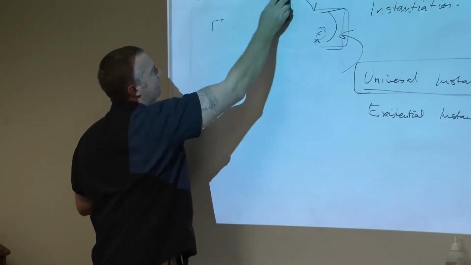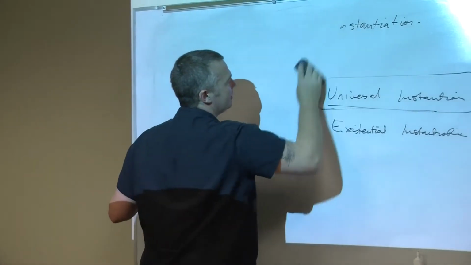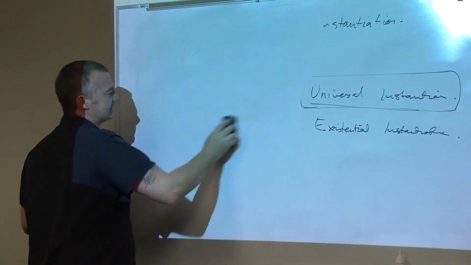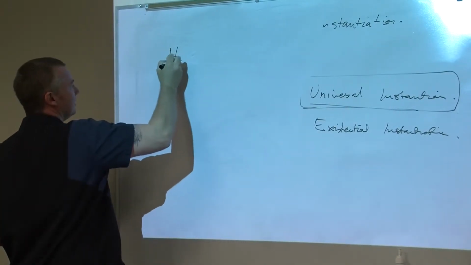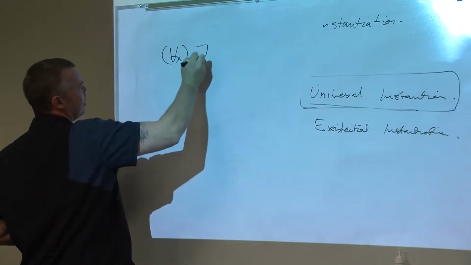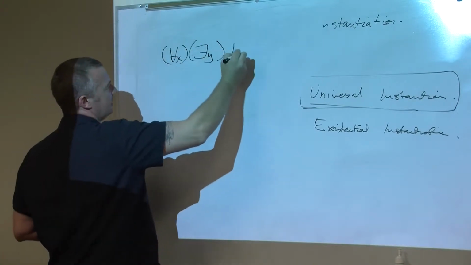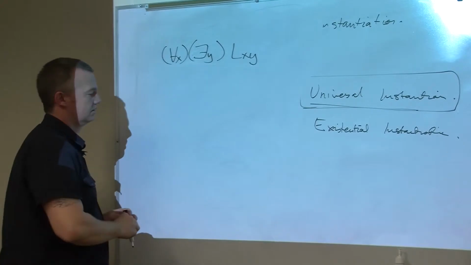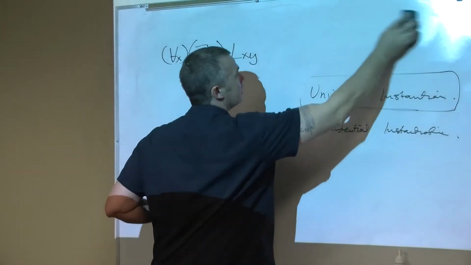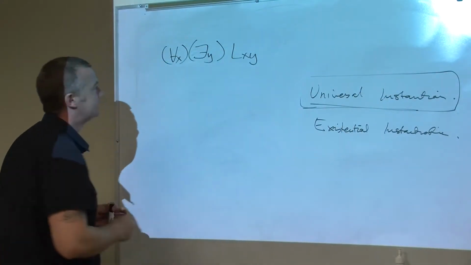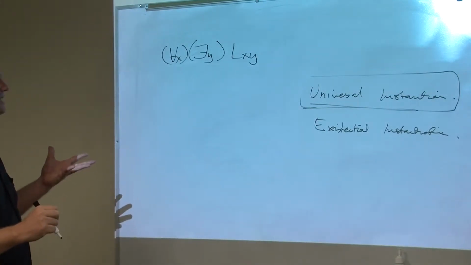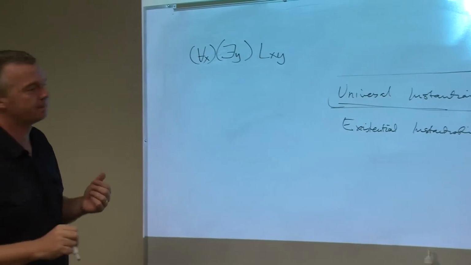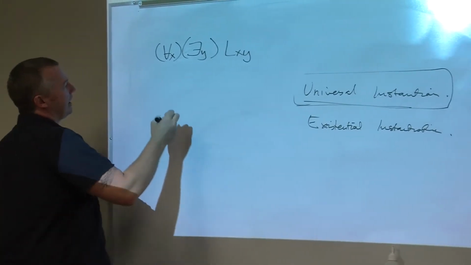Now, before we talk about existential instantiation, let's take, for example, our old friend, love. So now, let's take a look at this, and let's apply our rule of universal instantiation and then see what we can do from there.